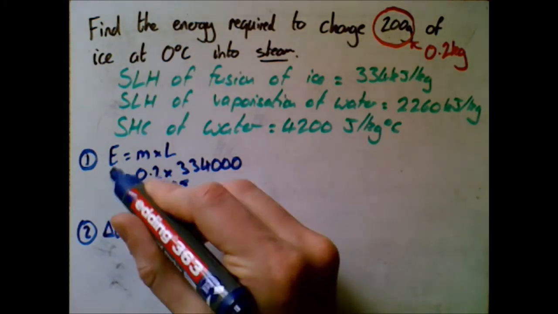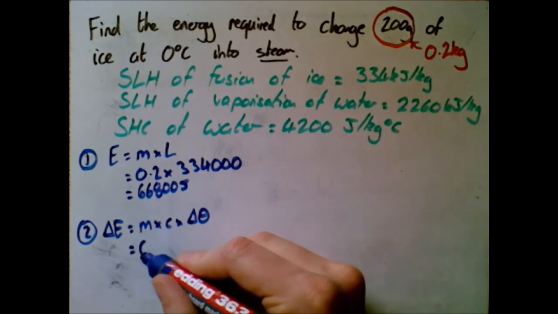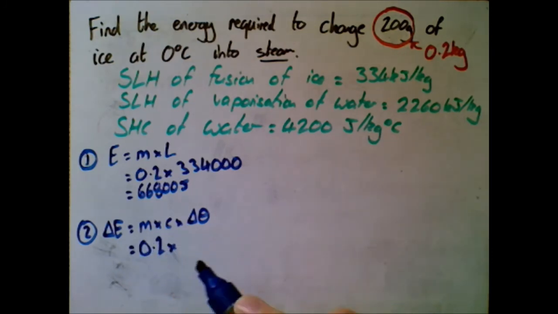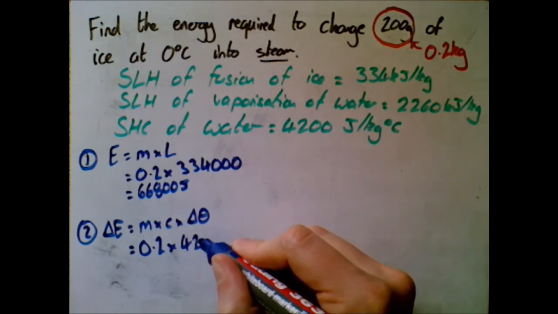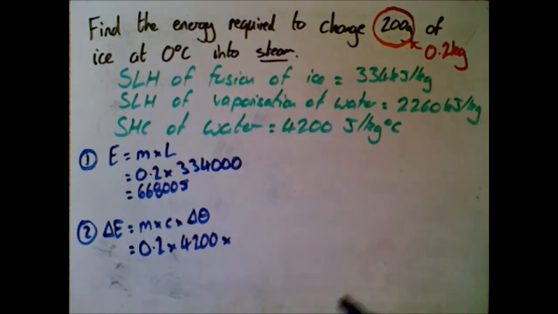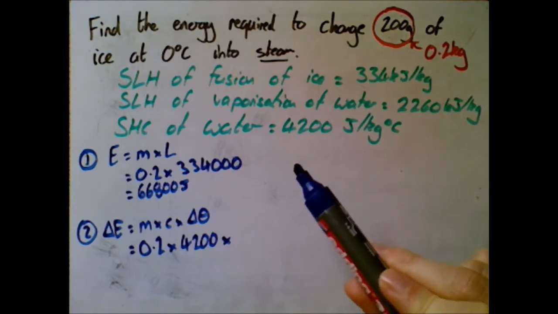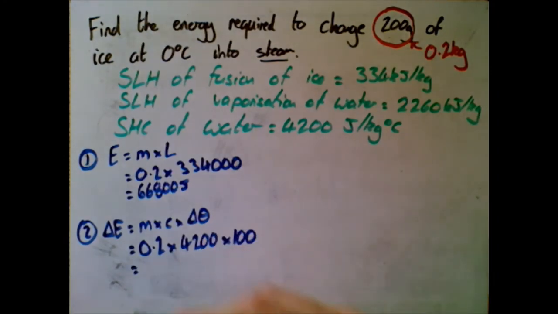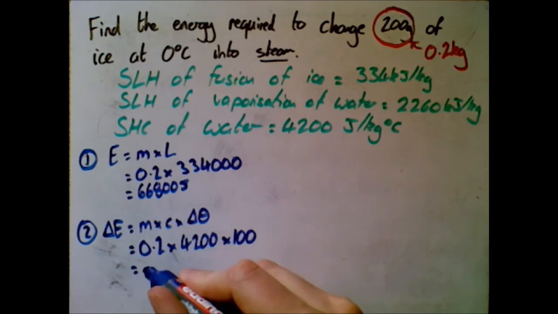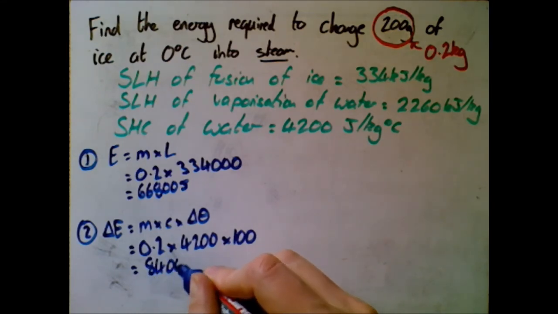Well, we are looking for the energy again. Mass is 0.2. Specific heat capacity of water, you can see that's at the bottom here, is just 4,200. Delta theta, the change in temperature, well, from 0 up to 100 is obviously 100. So if I put that into my calculator, I get an answer of 84,000 joules.